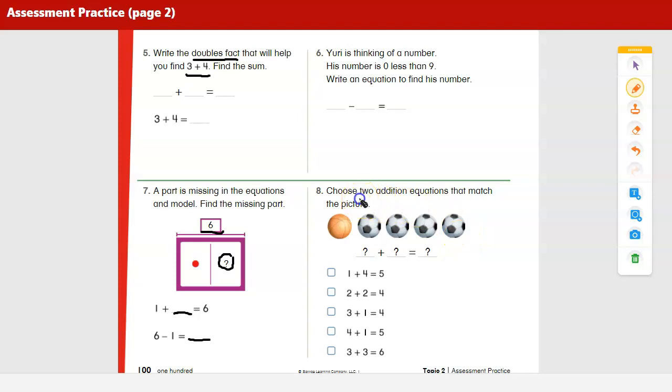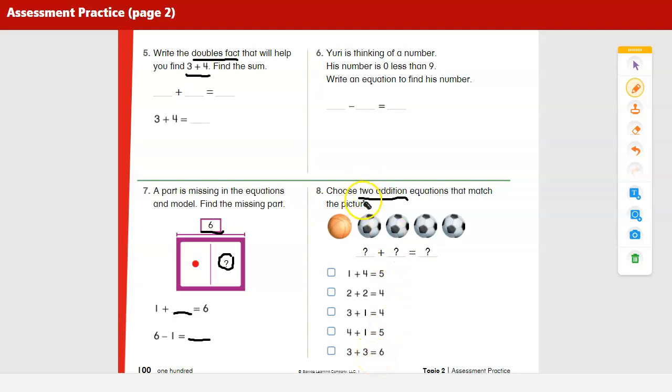So it wants us to choose 2 equations that match this picture. So let's look at the equations. We have 1 plus 4 equals 5, 2 plus 2 equals 4, 3 plus 1 equals 4, 4 plus 1 equals 5, and 3 plus 3 equals 6.